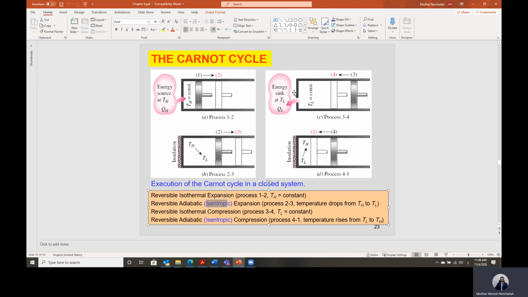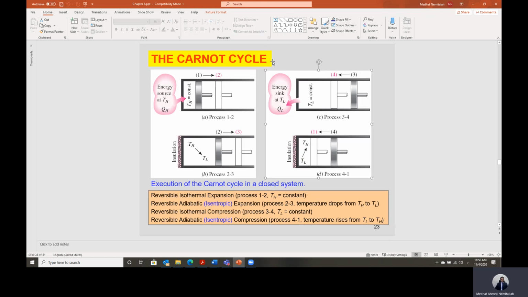So it should be isentropic expansion and also isentropic compression. The compression is from 4 to 1. The process from 3 to 4 is the heat rejection process, by rejecting the exhaust gases. This heat rejection should also be done at constant temperature, which is T low in this case.